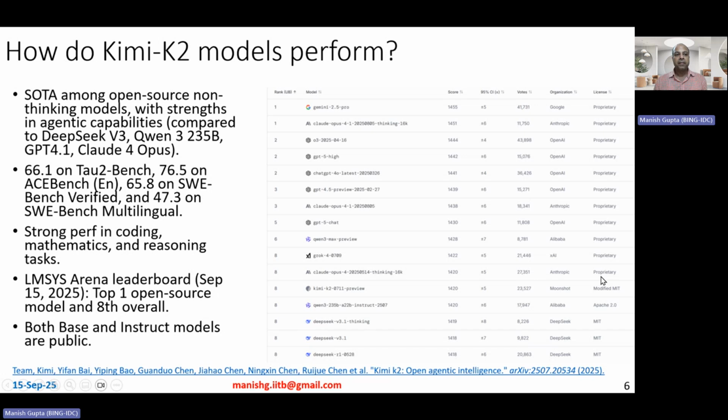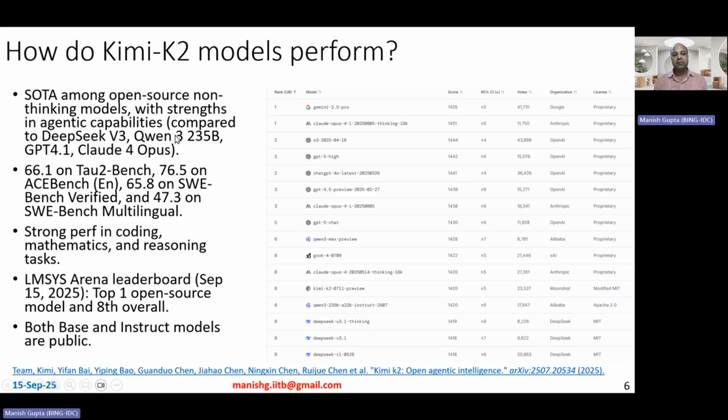Now, Kimi K2 also establishes state of the art for several agentic capabilities. I'm not going to talk about all of them in detail here. You can look at the paper in detail, but on many agentic benchmark tasks like OJBench and so on, the Kimi K2 model actually obtains state-of-the-art results, much better compared to DeepSeek V3 or Qwen 3 235 billion, GPT 4.1, Claude 4 Opus, and so on.